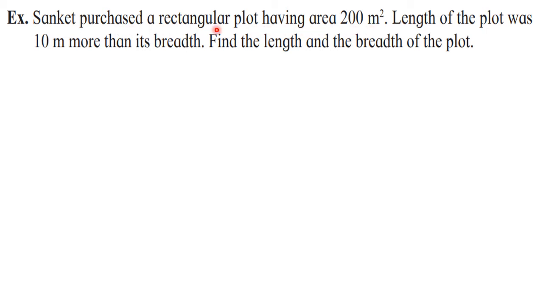Okay. And here the word area is given. In first chapter, generally you will not find such condition, because whenever area comes, multiplication is there. So whenever such multiplication sums are coming, means area means length into breadth, that time you need to use single variables. Okay. So now here length of the plot was 10 meters more than its breadth.